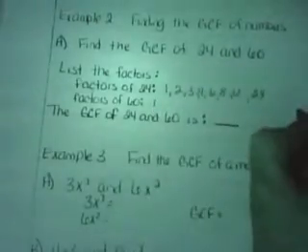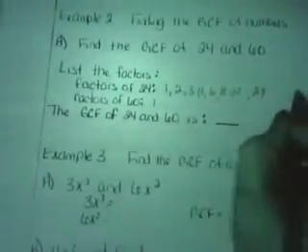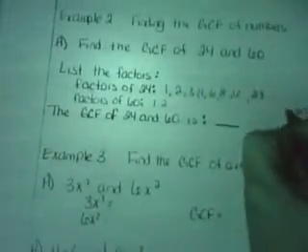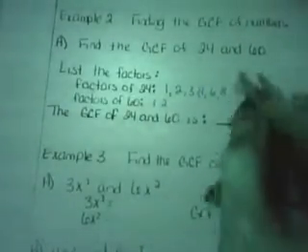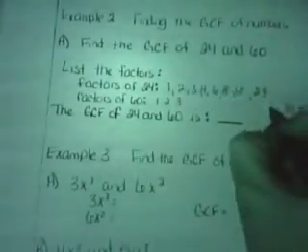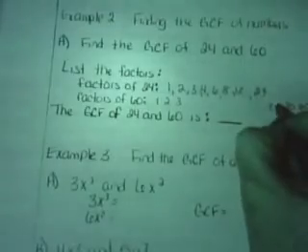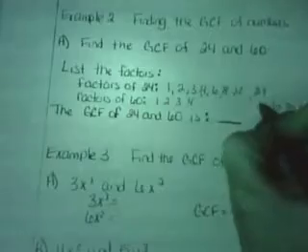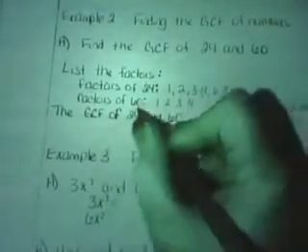Your factors of 60 are going to be 1 and 60. I'll just spread them out. I know 2 and 30. I know 3 times 20. How about 4? 4 and 15. Well, 5.